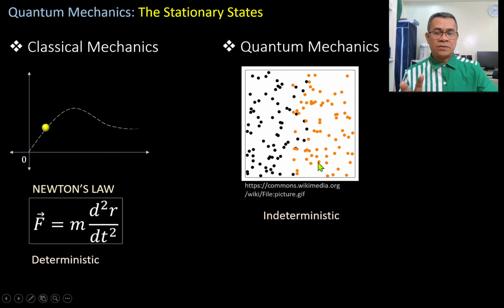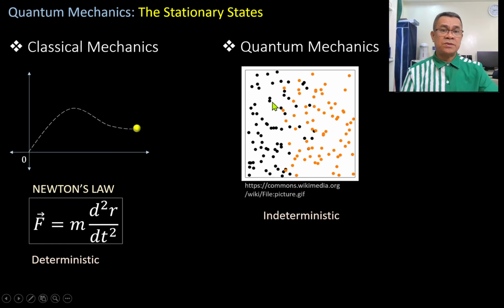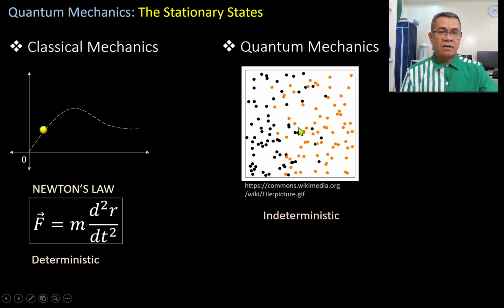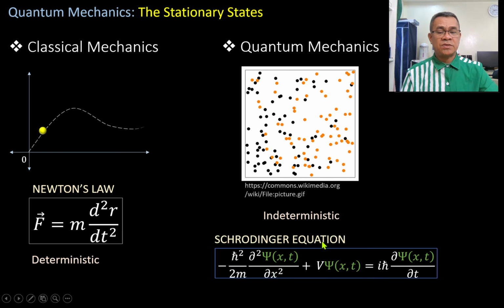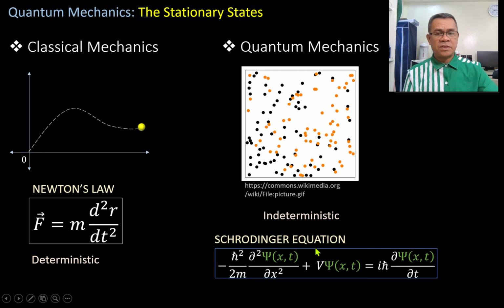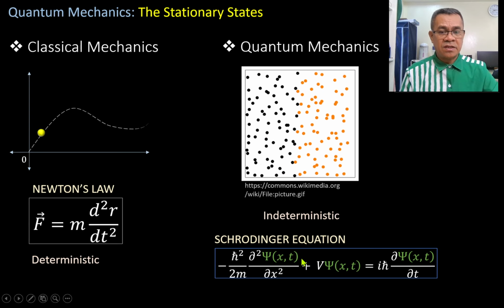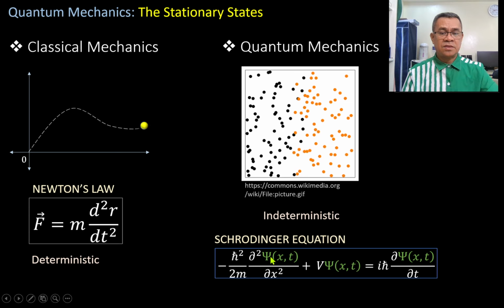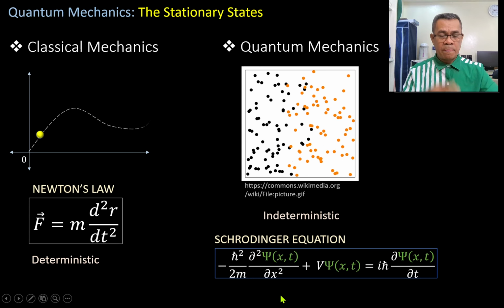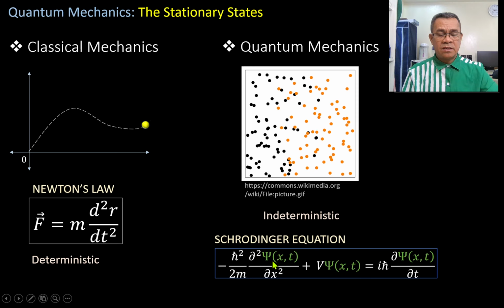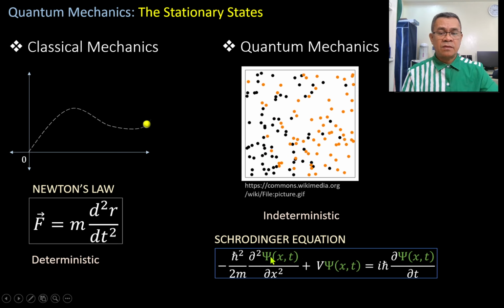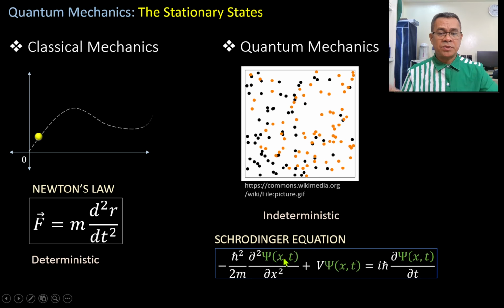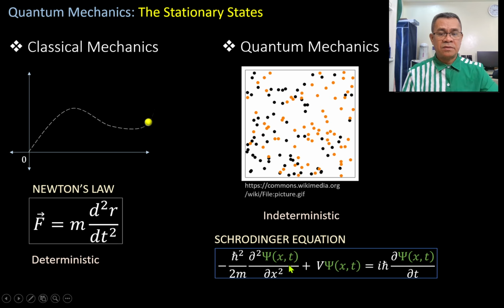If Newton's law cannot provide the description of this quantum system, then we have the Schrodinger equation. The Schrodinger equation is a form of differential equation, a second order differential equation. And we have this function, which we call the wave function. The wave function depends on position and time.